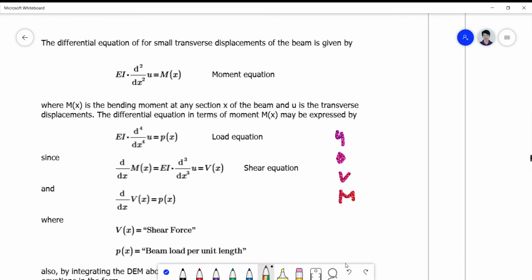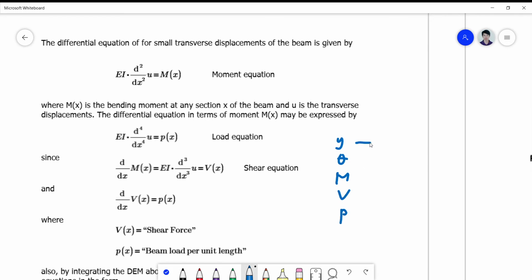Okay, y. Then you have the theta. Then you have the moment. And then you have the shear. And then you have the load.